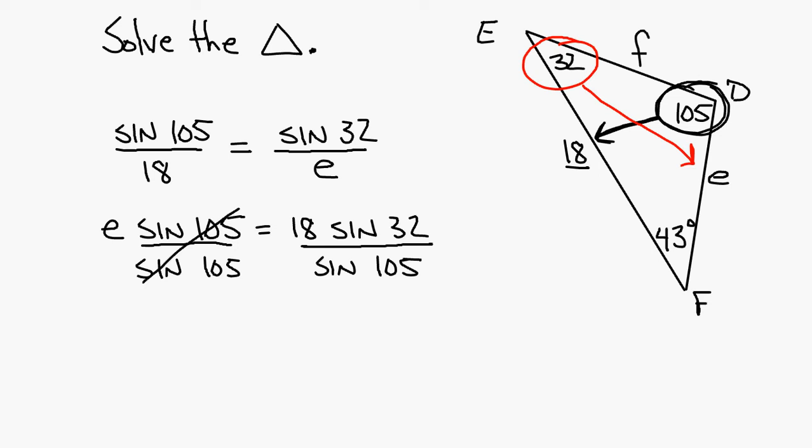These will cancel, and side e, lowercase e, would be equal to 18 times sine 32, make sure you hit equals, divided by sine 105, and hit equals again. Find each measure: round lengths to the nearest tenth, angle measures to the nearest degree. So to the nearest tenth, you got 9.87, so this side is 9.9.